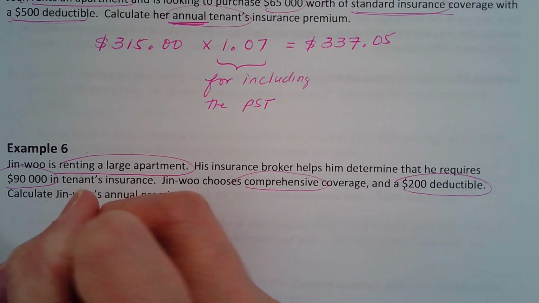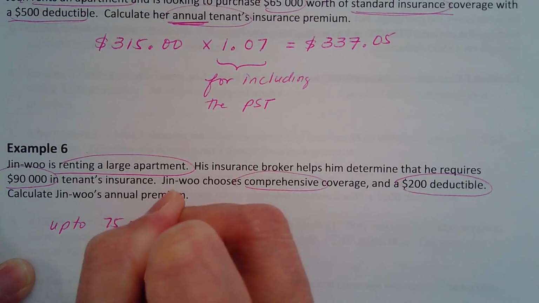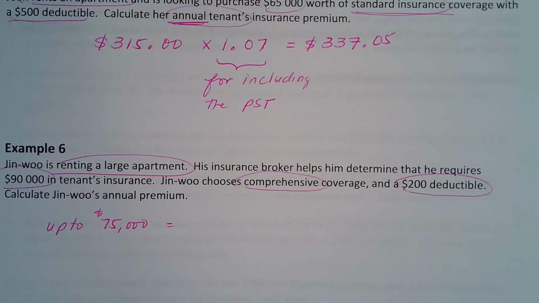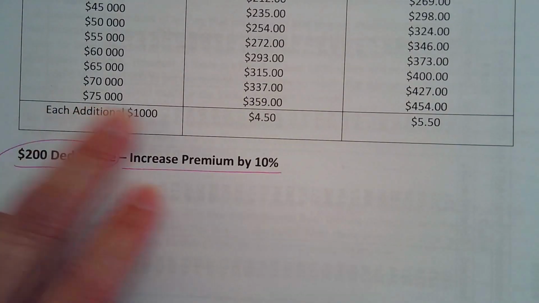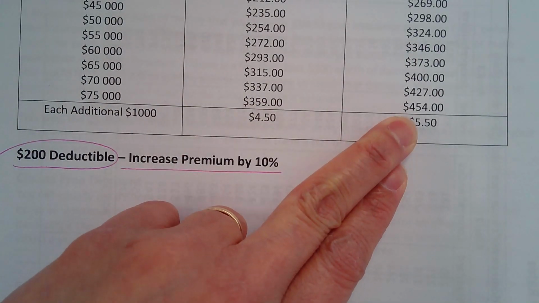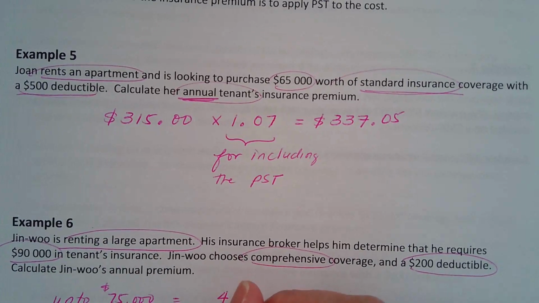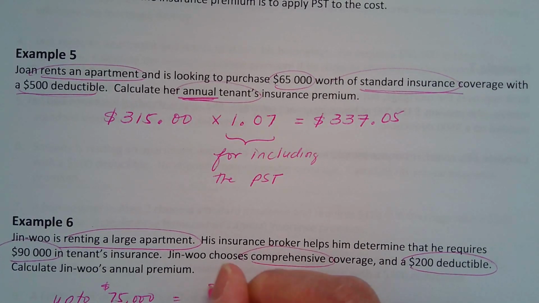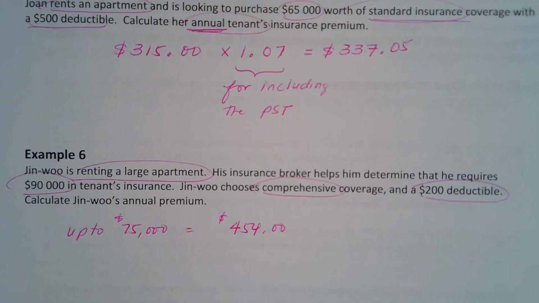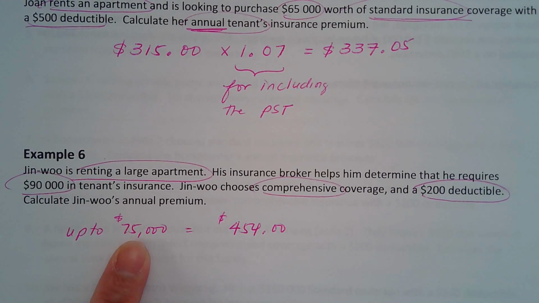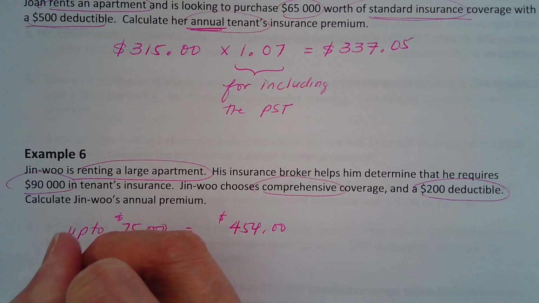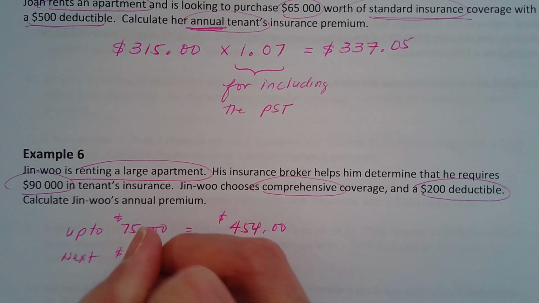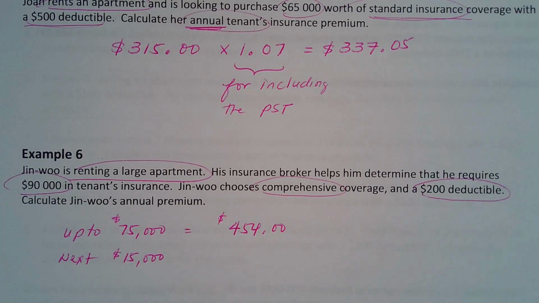So up to 75,000 insurance, how much does it cost? Comprehensive is 454. Okay, so $454. That's only 75,000. How much more do we need to make it 90? 15. So next, $15,000. How much do we have to pay for the next 15,000?